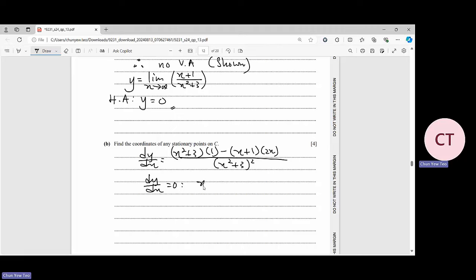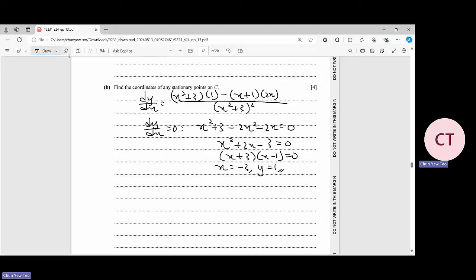Just considering the numerator to be 0 will do. So you will get x squared plus 2x minus 3 equal to 0. Factorize it. Your x is negative 3 and your x is 1.